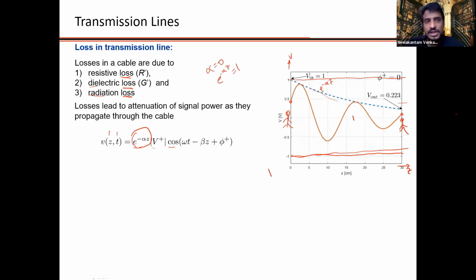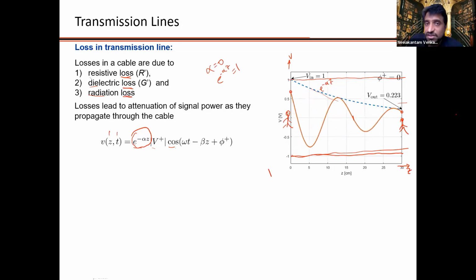This transmission line loss is one of the reasons why people started to look into wireless seriously, so that you can transmit information at farther distances in a wireless mode, with lesser losses than you would encounter if you were to lay a cable from here to, let's say, Australia.